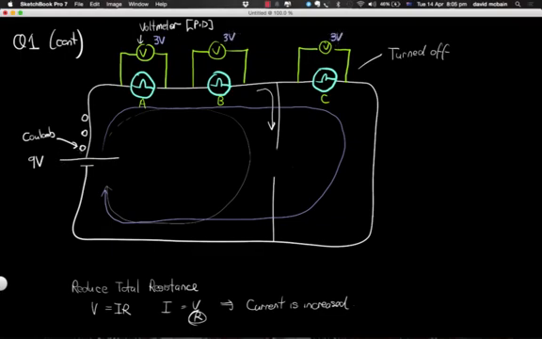So that means that the electrical potential energy of our coulombs at this position, they still have their 9 joules of energy. They would lose 3 joules as they pass through this globe, and so at this position here, they'll now have an electrical potential of 6 volts.